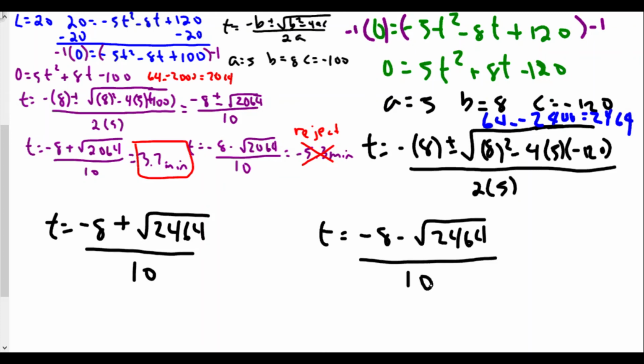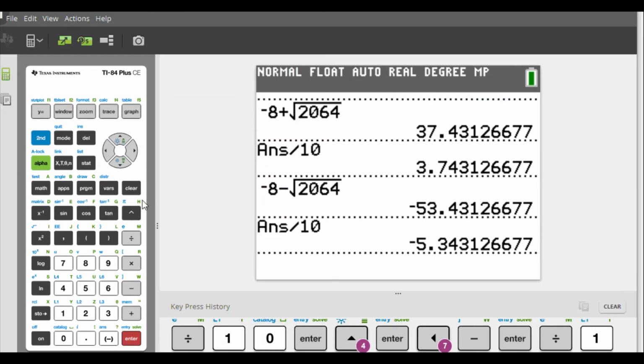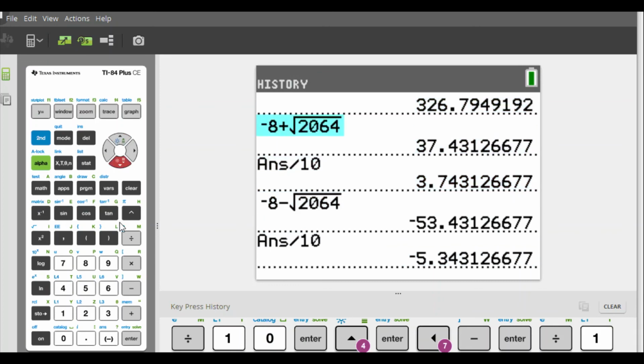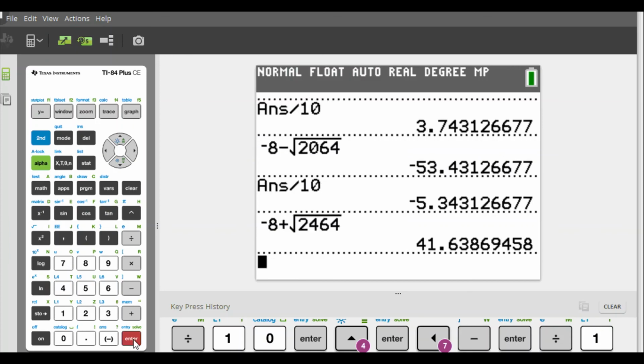We probably know that we're going to reject the second one, but let's find the values anyway. Because the numbers are so similar, we can just do what we did before. I'm going to copy this and change it to 2464. And divide that value by 10.